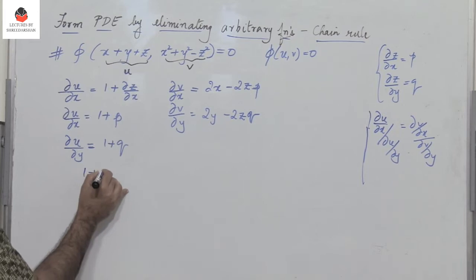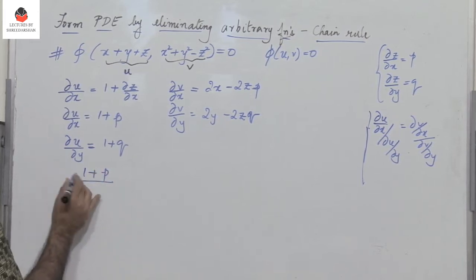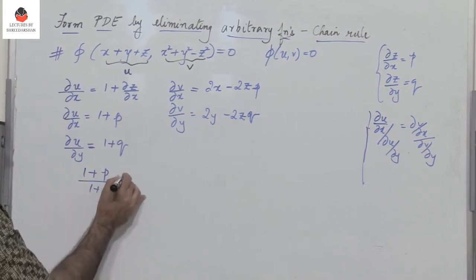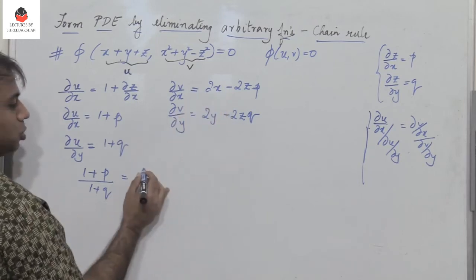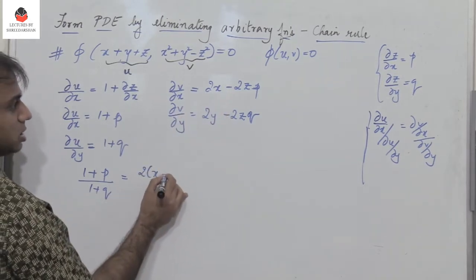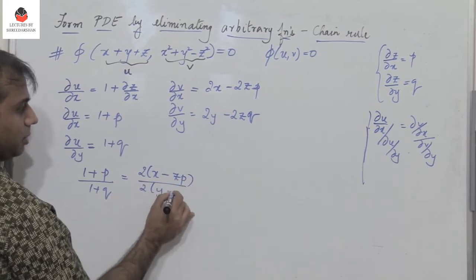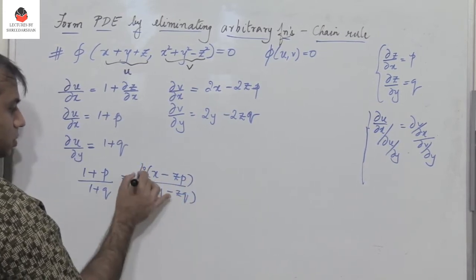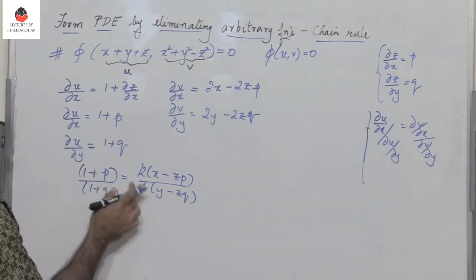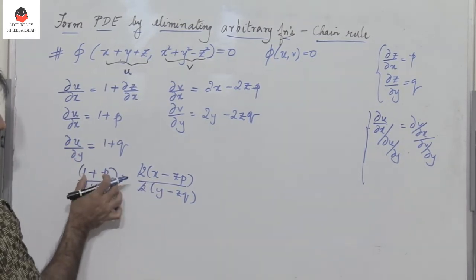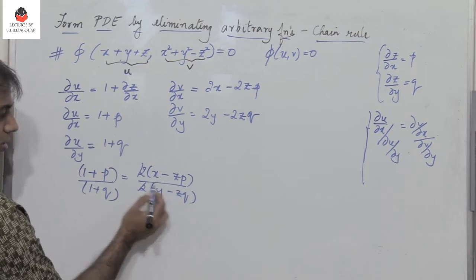It is 1 plus p divided by del u by del y is 1 plus q equals, taking 2 common outside, you have 2 into x minus zp divided by 2 into y minus zq. So 2 gets cancelled. So now let's cross multiply 1 plus p into y minus zq.